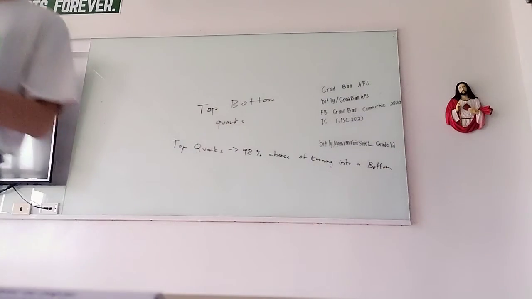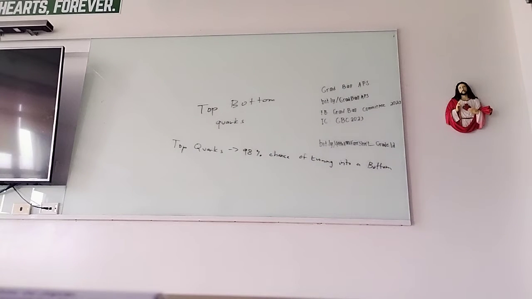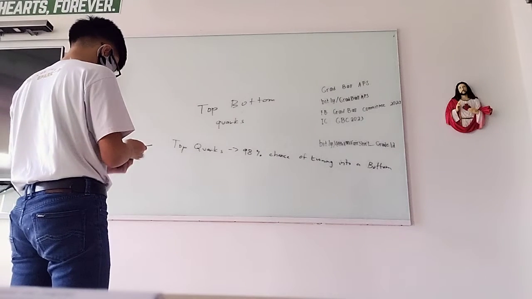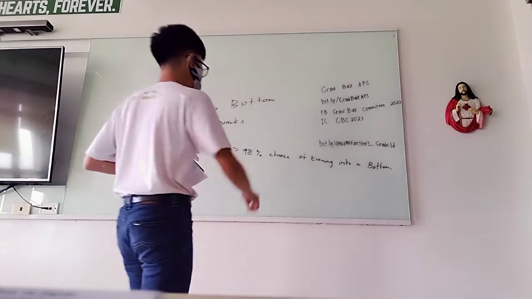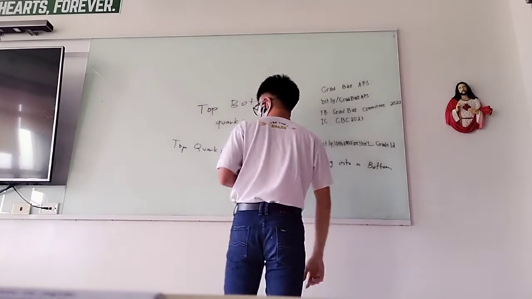Okay? So this thing is called decay. Yeah. So, okay. It has a 98% chance of turning into a bottom quark.